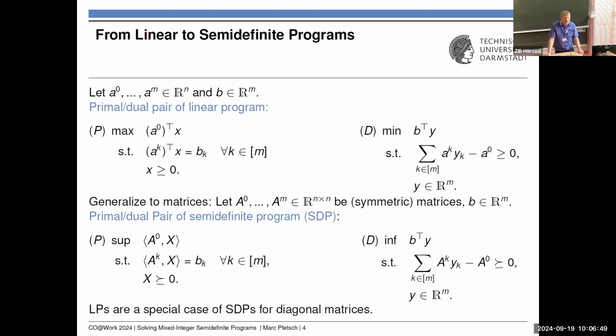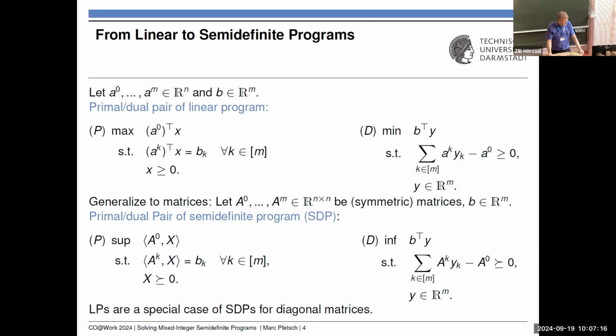These are now n by n symmetric matrices, and b stays the same. Everywhere where I used the transpose, I now use the inner product, and I capitalize all the letters. Then I get the primal and dual form of semi-definite programs, or semi-definite optimization problems. On the left, again, the primal.